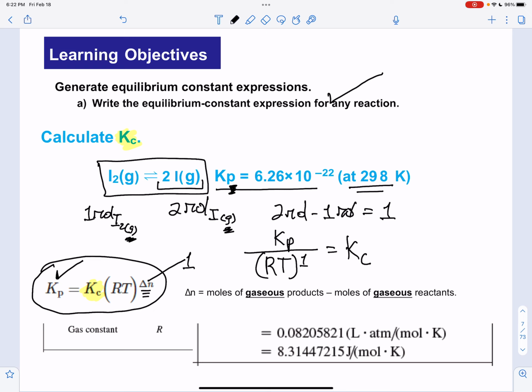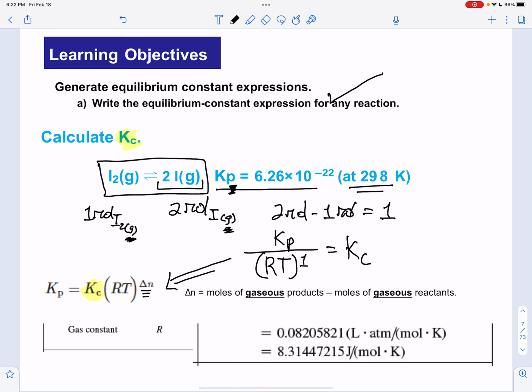We take this formula and transform it using the lovely math that we know into that one. So this is the formula that we are going to be using. Let me clear the screen a little bit.